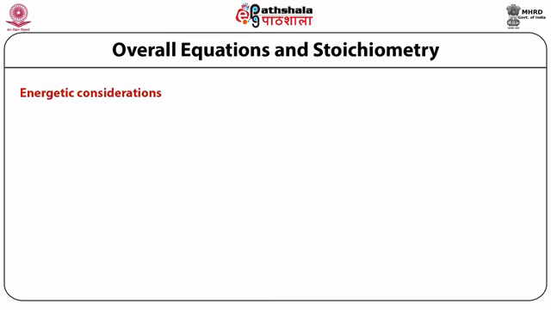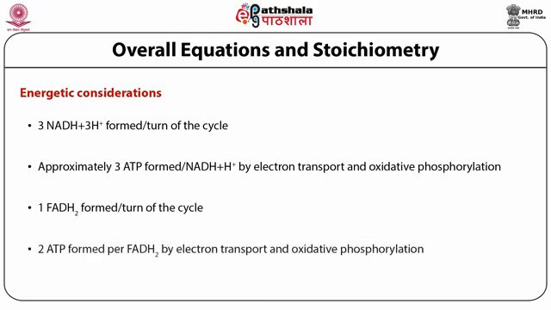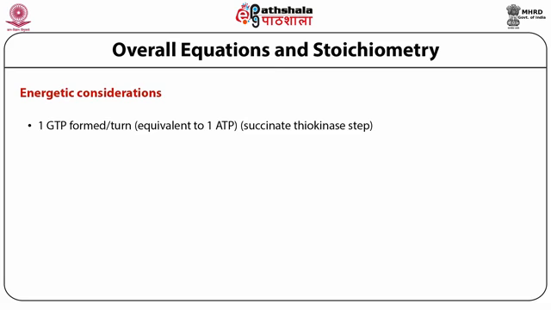Overall equations and stoichiometry. 3 NADH plus 3 protons are formed per turn of the cycle. Approximately 3 ATP are formed per NADH plus H by electron transport and oxidative phosphorylation. 1 FADH2 is formed, and 2 ATP are formed per FADH2 by electron transport and oxidative phosphorylation. 1 GTP forms.